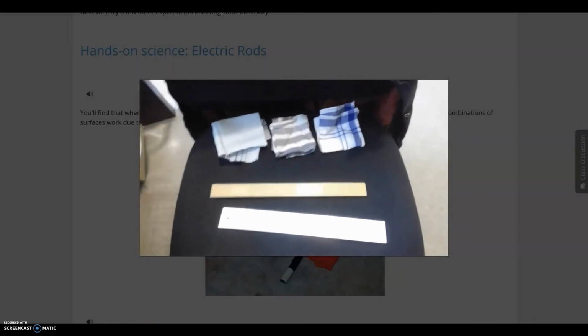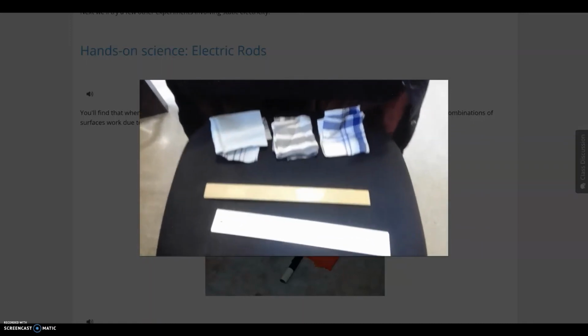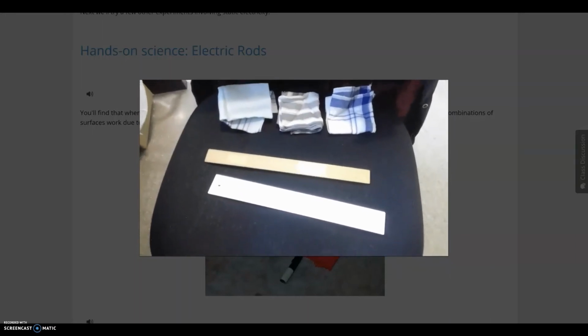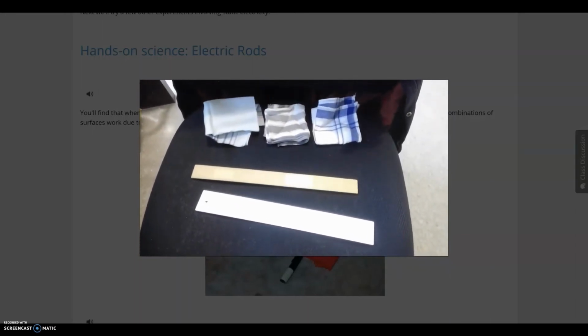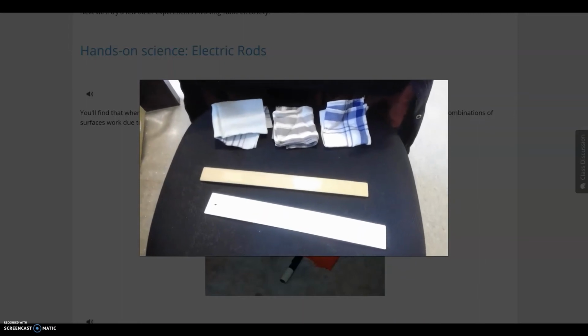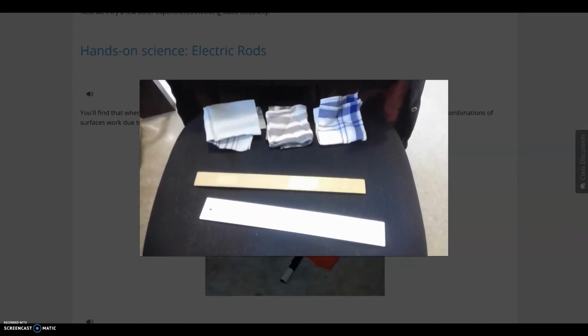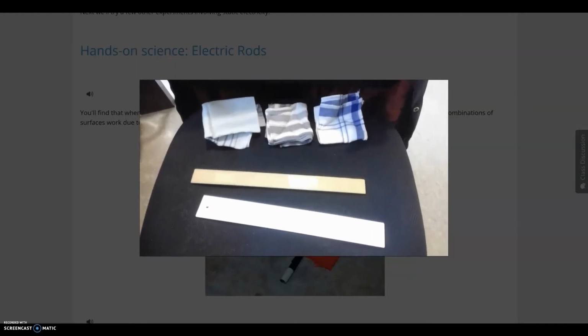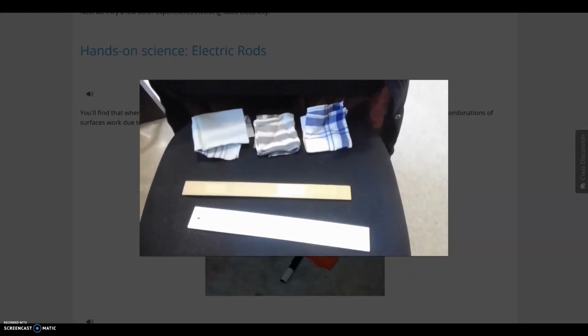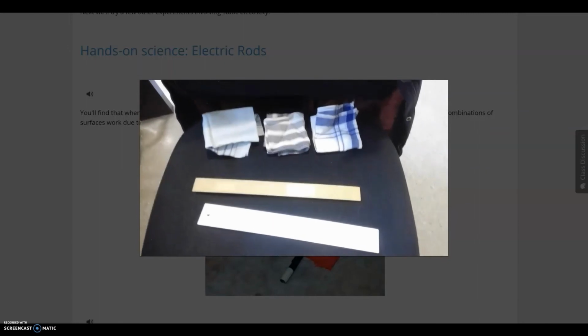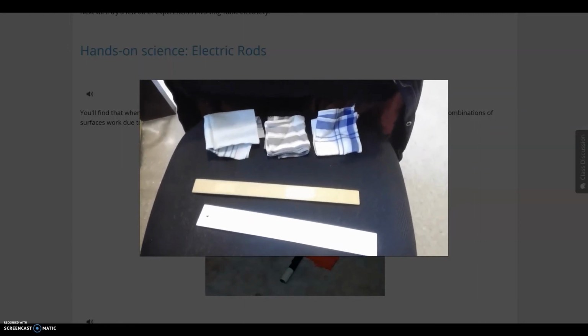So what you're going to need to investigate is a couple of different options of types of rods and a few different options of types of cloths. Some of these combinations will probably create static electricity, and other options probably won't.